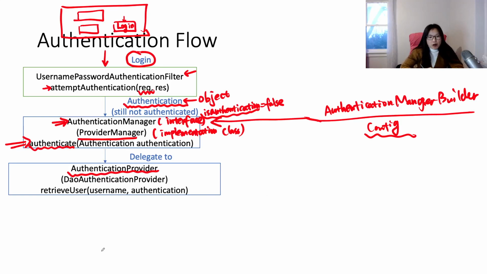Here we only give one example. This ProviderManager will manage a collection of authentication providers, and this AuthenticationProvider also has many implementations. The one used here, supposing we just query our database, is called the DaoAuthenticationProvider.